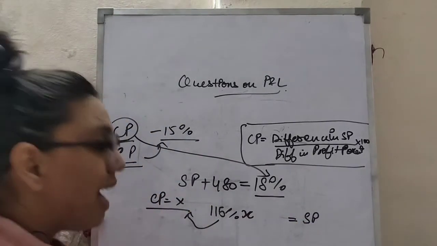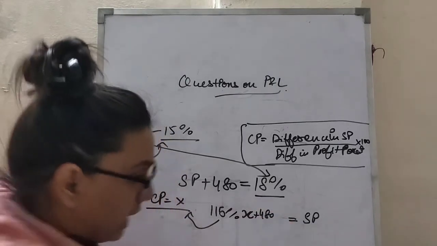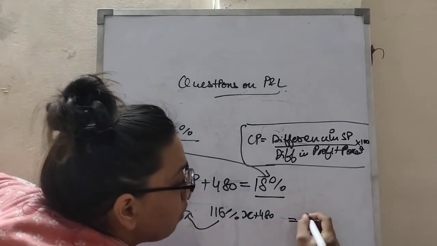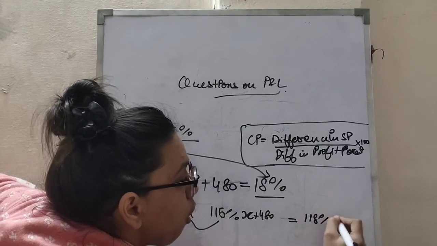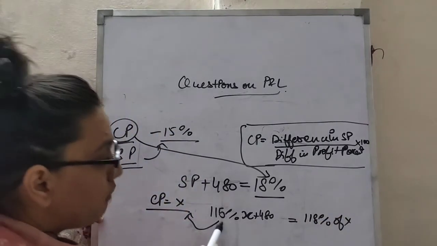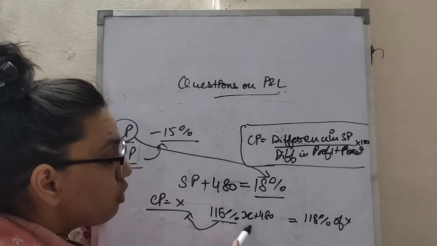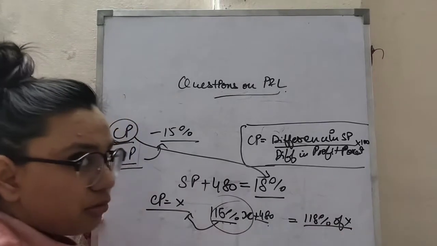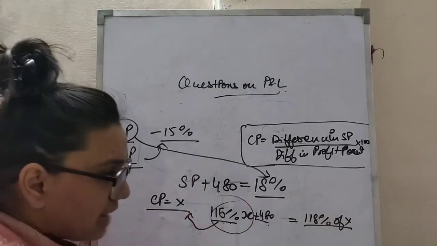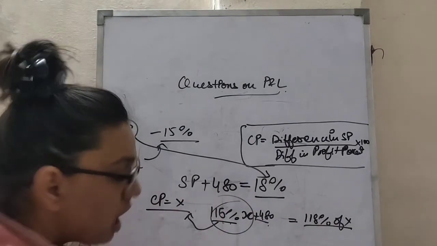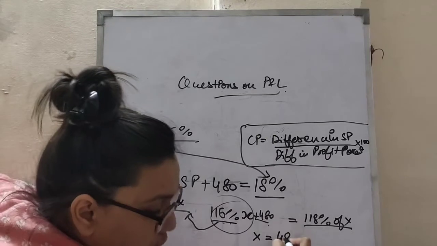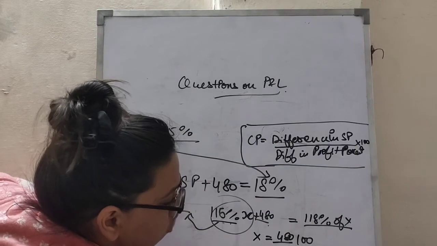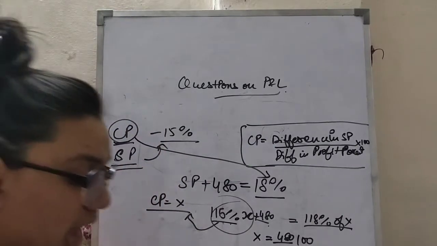But we have to add 480 rupees here so that we receive the new SP, which will be equal to 118% of X. So simply we have to find X. Calculating and cancelling all these things, we will receive X, which is equal to 480 divided by 3 into 100, which is equal to 16000. So this will be my answer.